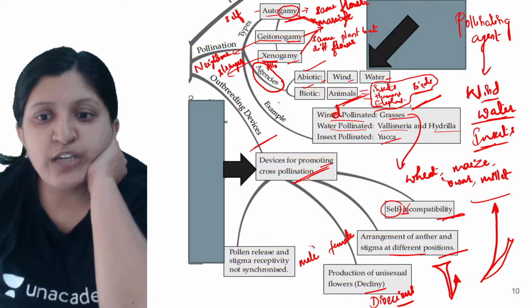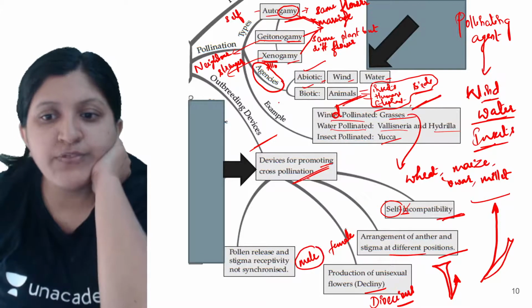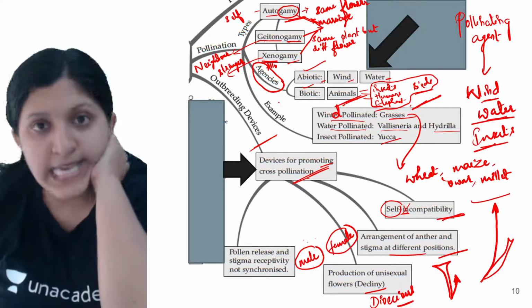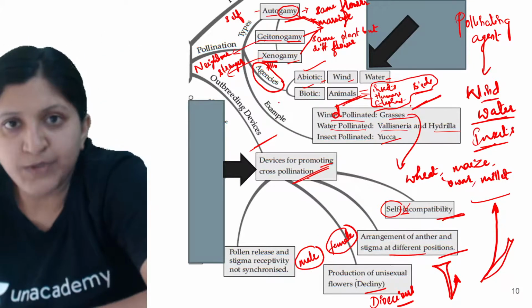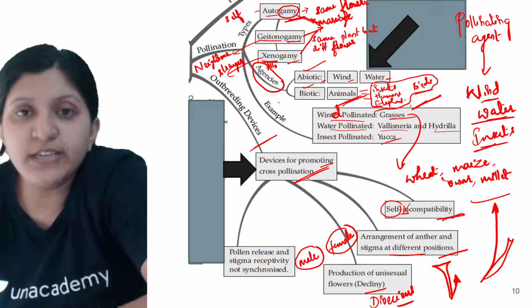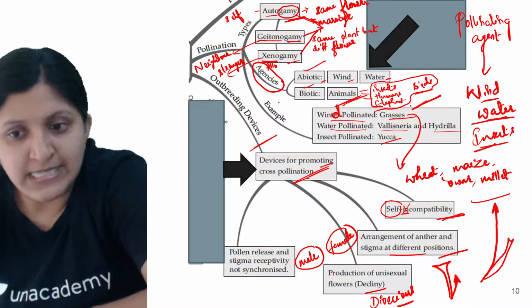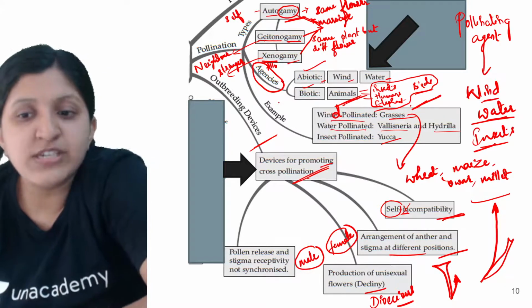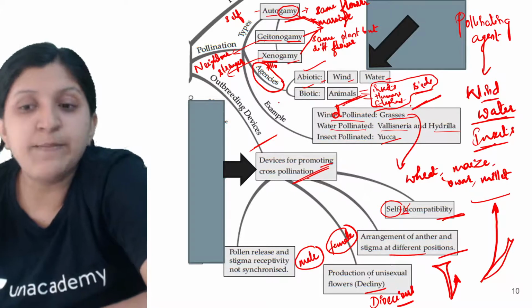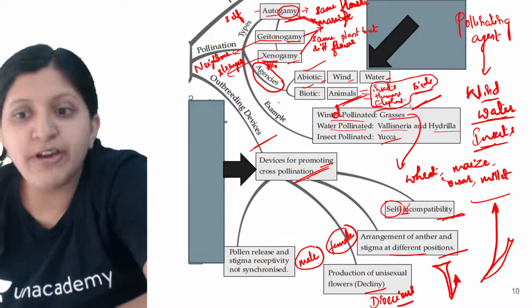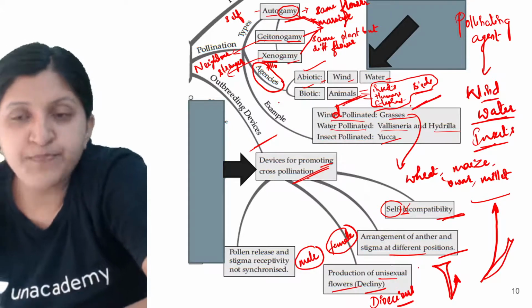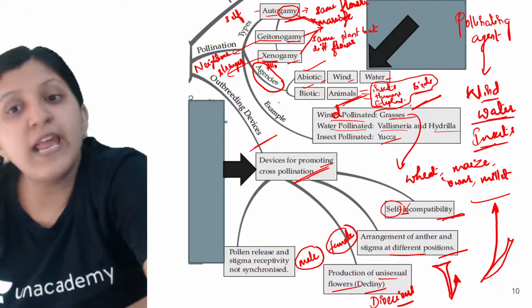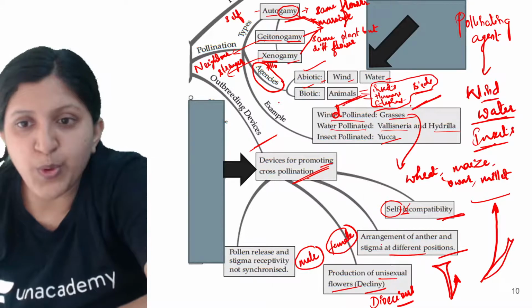Production of a male flower and a female flower is seen, and that we call dicliny. So that is on a different plant itself. That can be a dioecious plant, or on the same plant also, it is not a bisexual one but a unisexual flower production, which can also avoid self pollination, and in turn favors cross pollination.